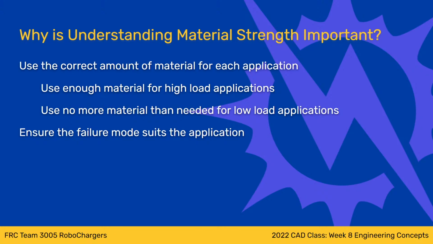And so basically the reasons for that are, when you're building an FRC robot specifically, this doesn't apply as much to FTC, but when you're building an FRC robot, you are essentially given a budget of mass, right, of 125 pounds that you can use to build your robot.